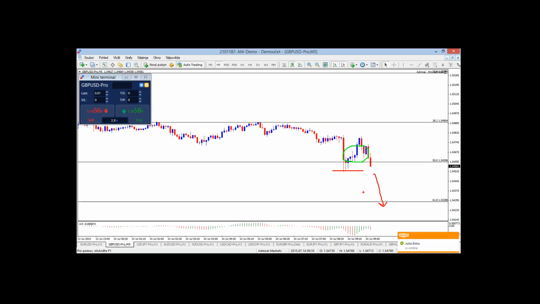That means that on an hourly, the 30-minute, the 15-minute, the 5-minute chart, this is all in the bearish momentum. I want to see personally that bearish momentum completed and finished.